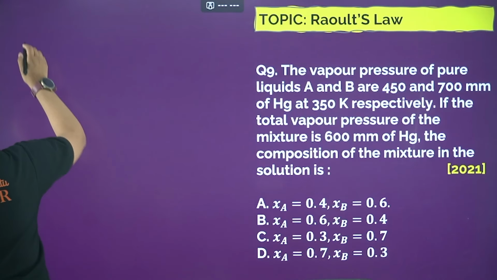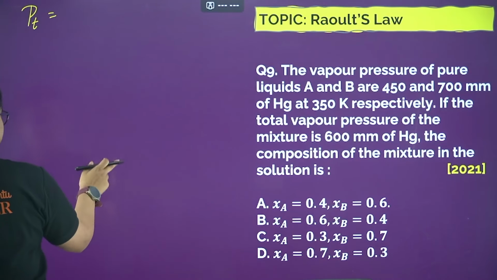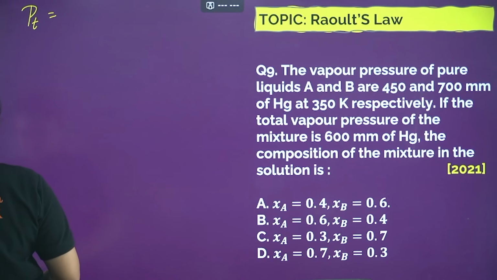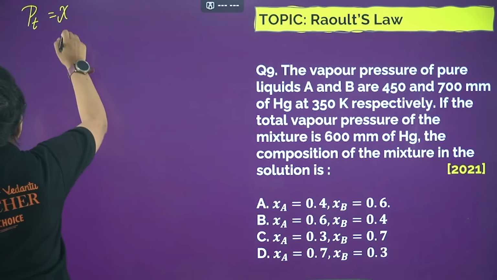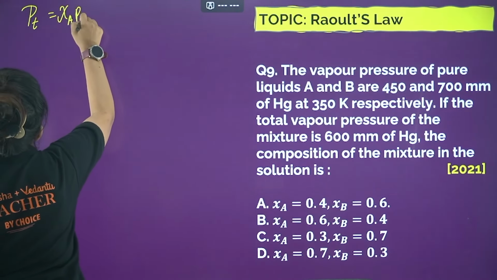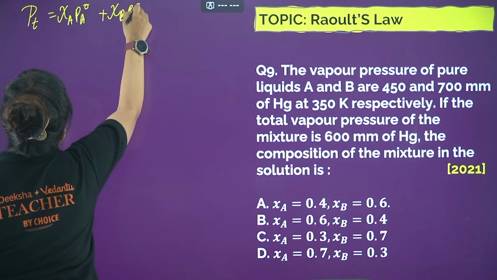So what is Raoult's law? P total is equal to the sum over the components, A and B, right? XA into PA0 plus XB into PB0.